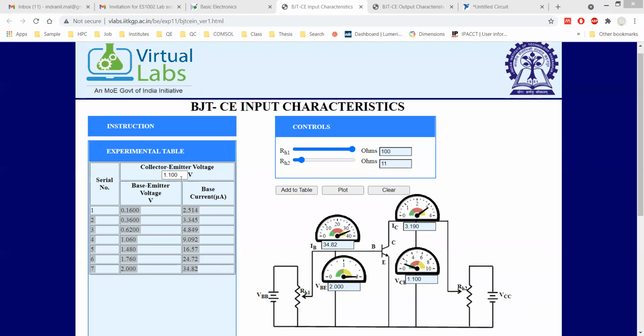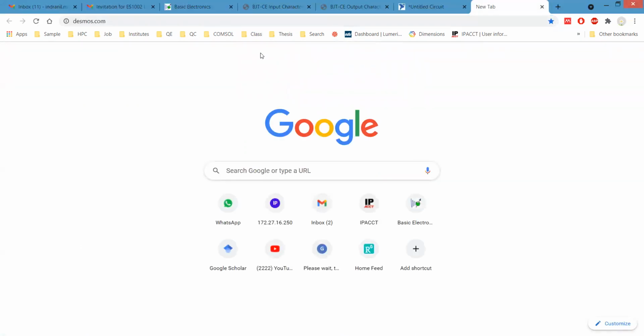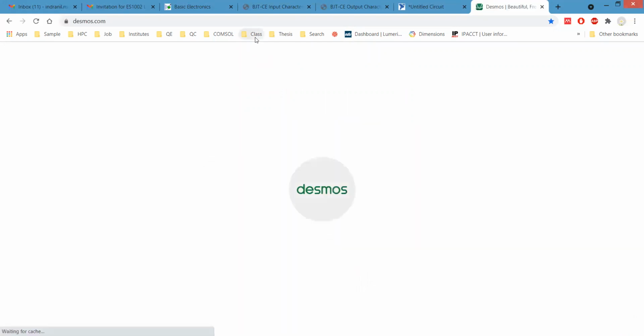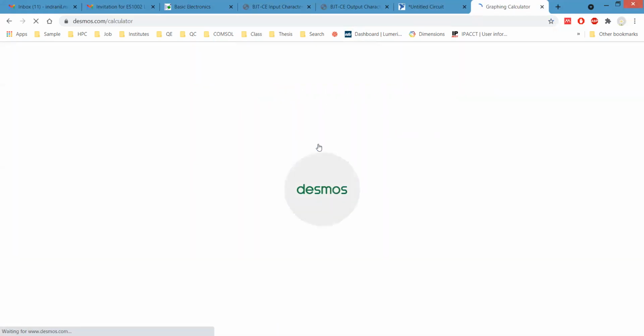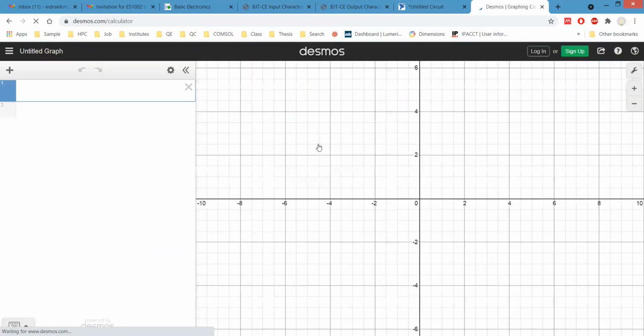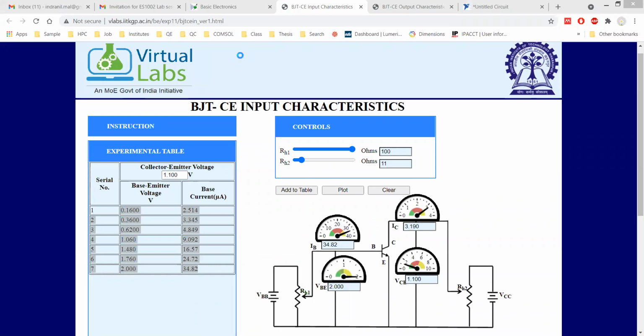That is why we need this. Let me copy this data, and then we will repeat the same experiment with a different value of collector emitter voltage.